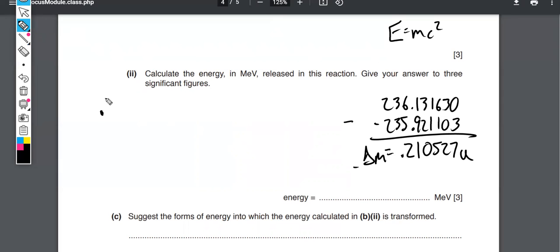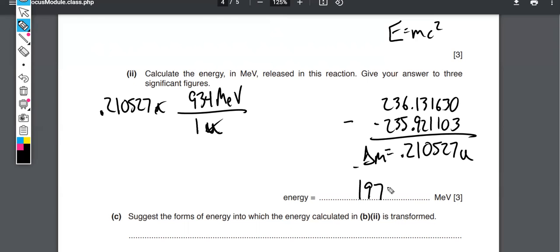So if we now know that there is 0.210527 unified atomic mass units, and we have this nice little truth now that one unified atomic mass unit is like 934 mega electron volts, then we can just convert directly like that. Take that number in your calculator times 934, and you get 197 mega electron volts of energy released in that reaction.